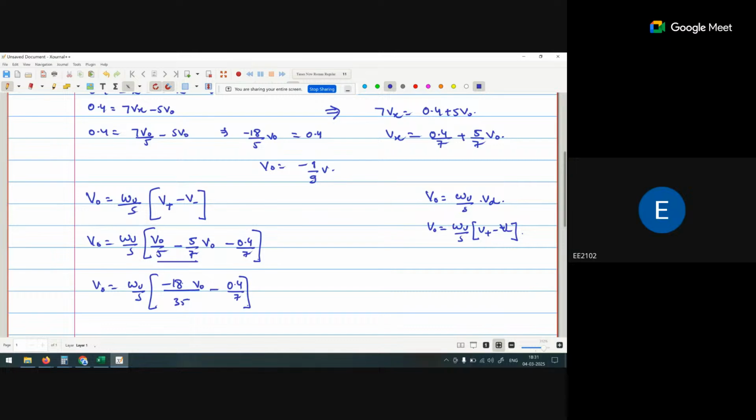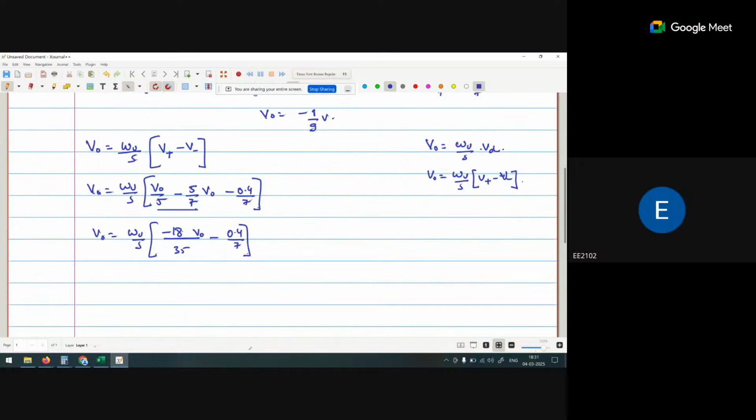If I take V naught to the other side, it becomes V naught times 1 plus omega u by s into 18 by 35. This negative term, when it comes to this side, becomes positive, equal to minus 0.4 divided by 7 times omega u by s.